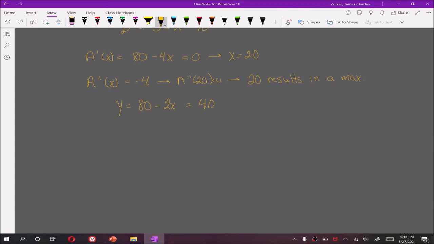So the dimensions that maximize area are 20 feet by 40 feet, and the maximum area is 20 by 40, which is 800 square feet.